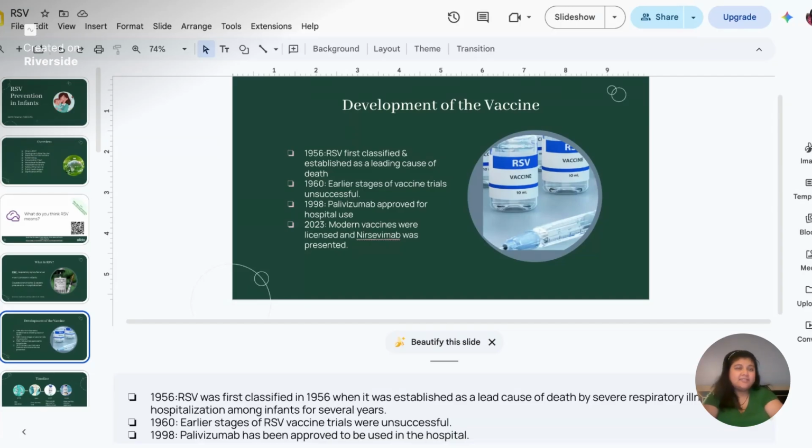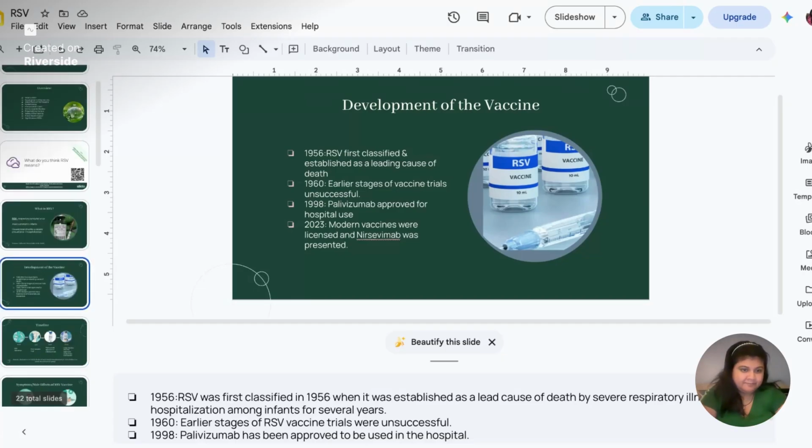They had to go through placebo trials, and eventually in 1998, they found a vaccine called pelareorep, which was approved for hospital use. Further down, in 2023, modern vaccines were licensed, and nirsevimab was presented. So basically there are two different types of vaccines. They had some potential, but they had to see, okay, if one wasn't working, what was another way? It's basically like COVID-19 strains.